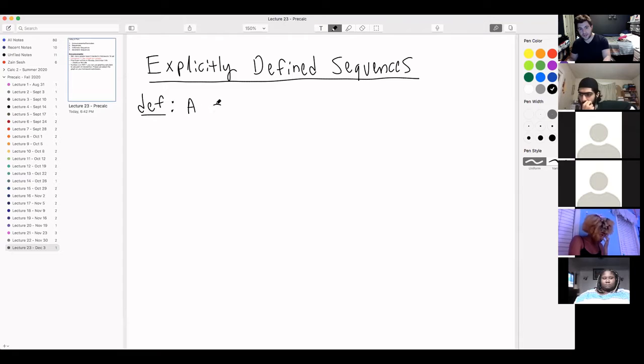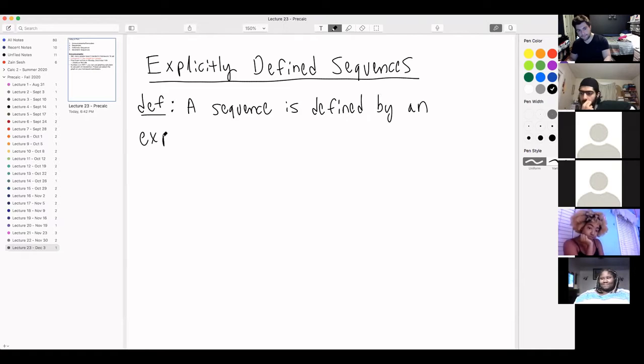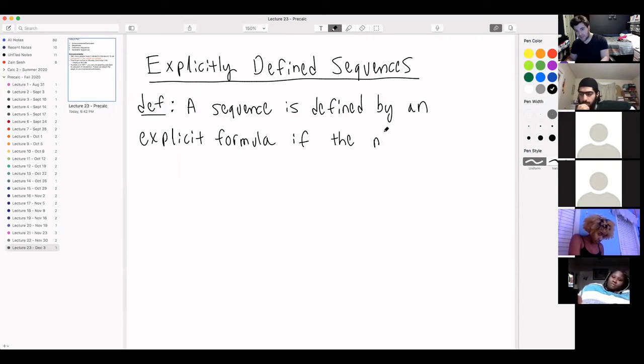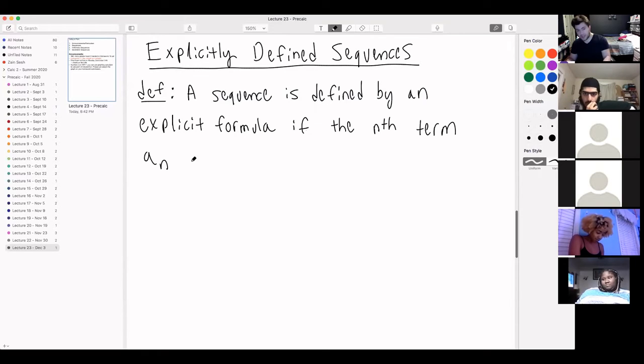Okay, so here we go. A sequence is defined by an explicit formula if the nth term, a sub n, equals f evaluated at n.